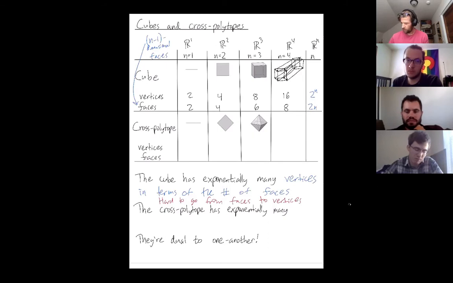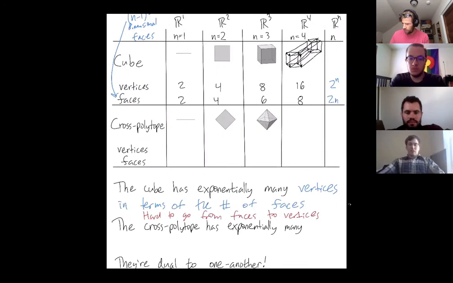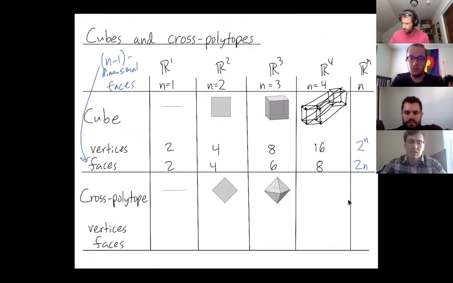Okay, cross-polytope. You are less familiar with cross-polytopes, I'm guessing, but that's okay. I won't really write down a rigorous definition of cross-polytopes. You can look it up on Wikipedia, but let me say it out loud and give you the basic idea. Okay, so what you do for the cross-polytope is, here's our 2D example.